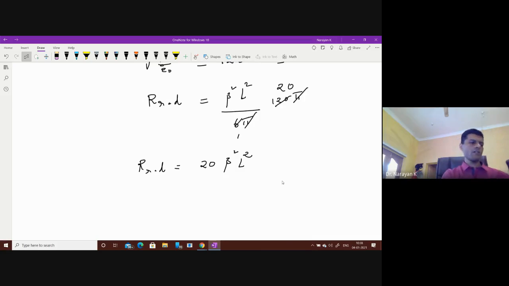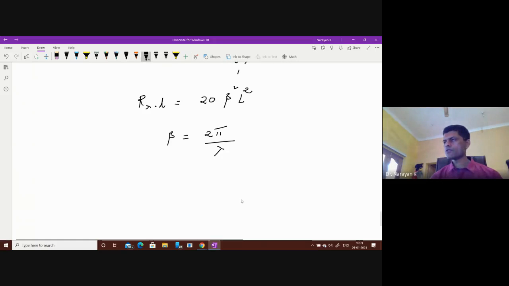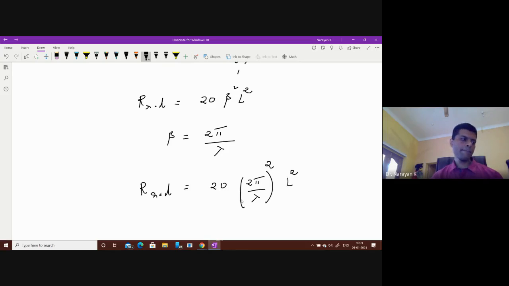Now you have to further simplify this. So beta I have to substitute as 2 pi by lambda. So your radiation resistance will become 20 into 2 pi by lambda whole square L square.